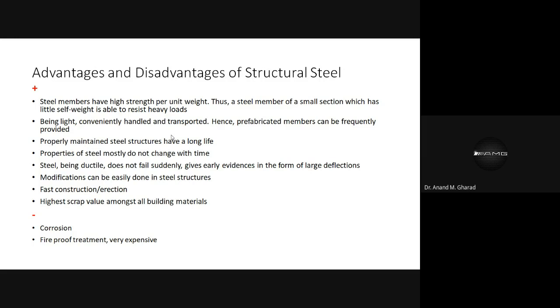Highest you can say 20 mm. 2 centimeters is nothing, isn't it? So all these members are made up of very thin plates, and because of this, steel members have high strength per unit weight.